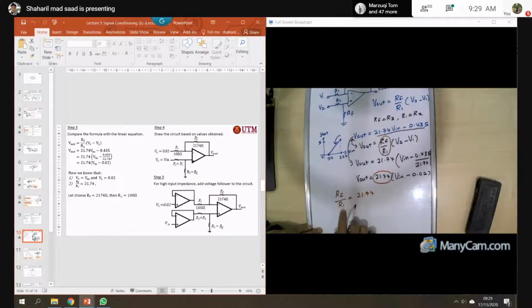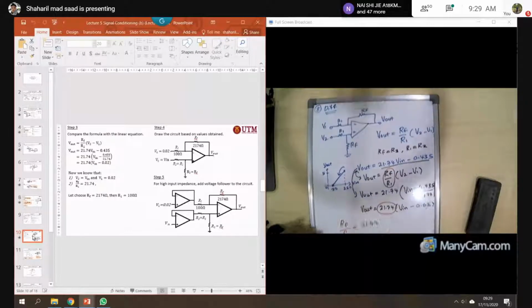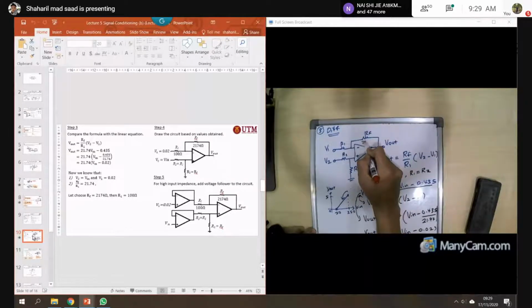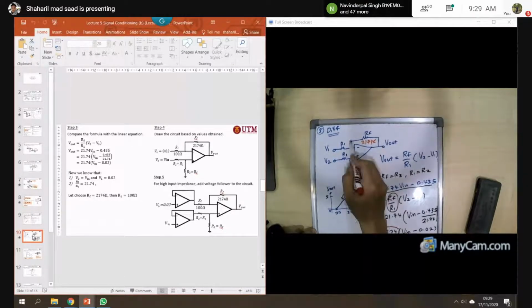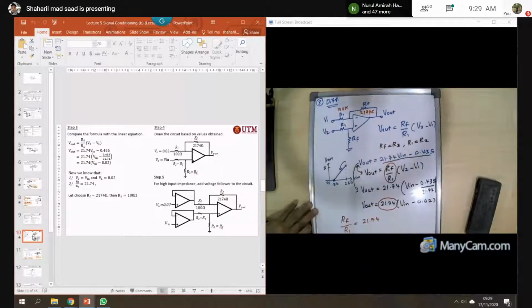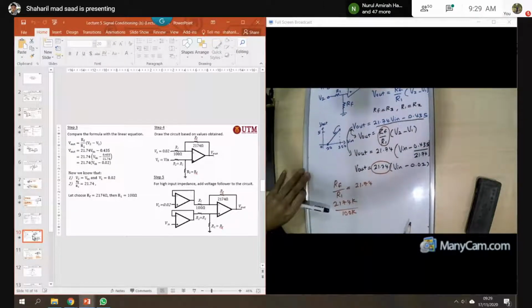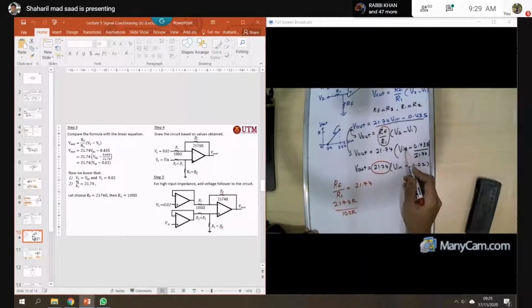Let's choose R1 as 100K. So RF we choose 2174K, and R1 is 100K. Done. Then we can compare V2. V2 is equal to V in.